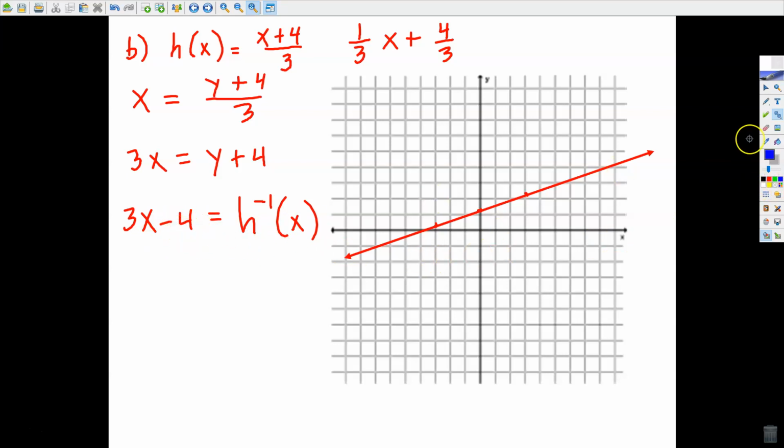So this has a y-intercept of negative 4. And a positive 3 slope, up 3, right 1, down 3, left 1. And let's connect those dots. And they intersect right on top of that special line, that parent function, y equals x. So I want you to go ahead and include that.